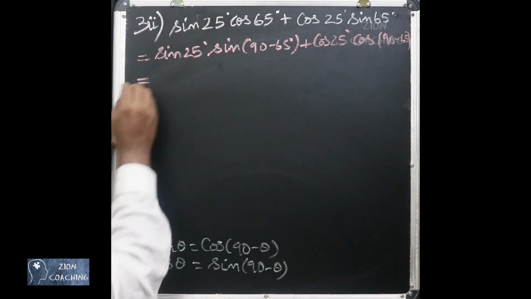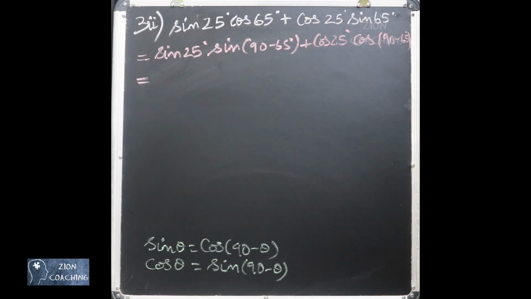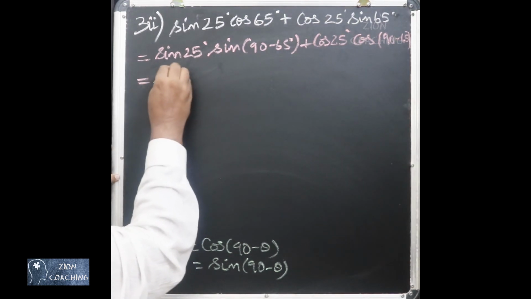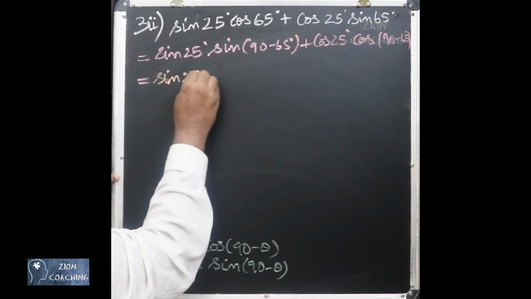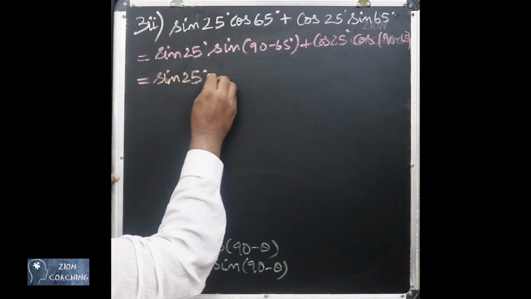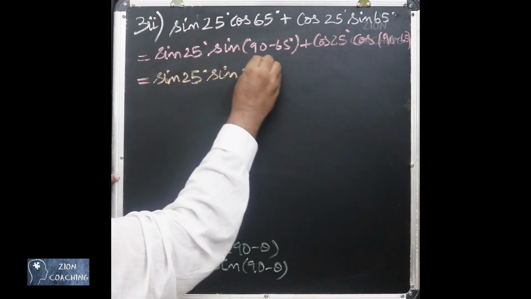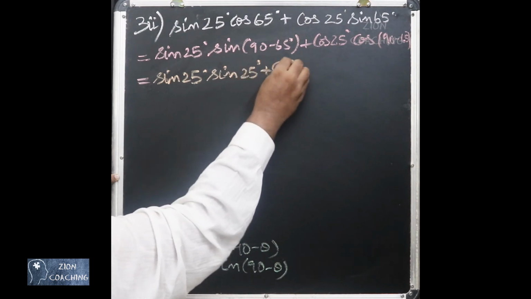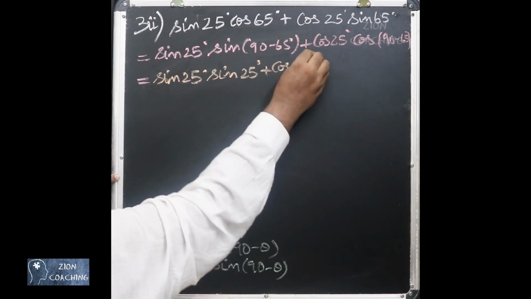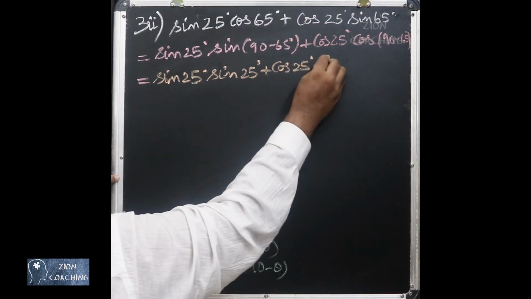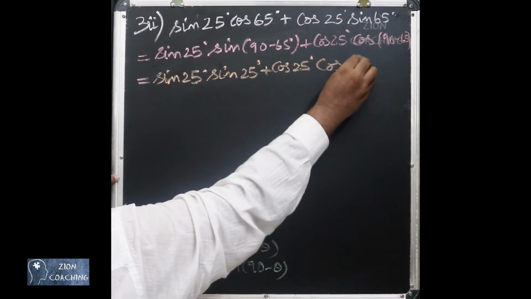Now we are going to have sin 25 degree, 90 minus 65 is 25, so sin 25 degree plus cos 25 degree. 90 minus 65 is 25, so again we will have cos 25 degree.